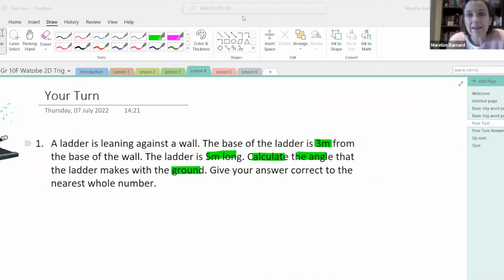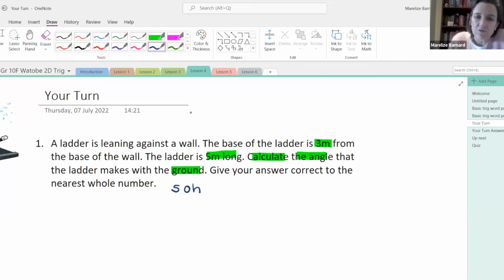Okay, so Leah asks when to use tan or sine. It all depends on the sides. First draw your triangle, and then it depends on your sides. Remember, if it's SOHCAHTOA, then sine is opposite over hypotenuse, so you use those two sides with sine.